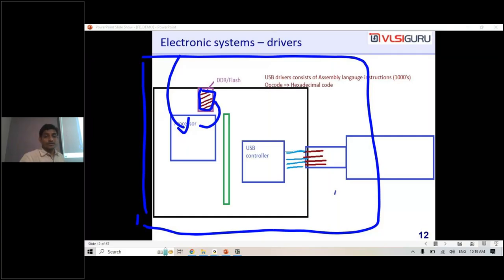Then it fetches those instructions one by one, decodes, executes. As part of that execution, it will do some transactions to the USB controller, which in turn does the transfer to my pen drive.